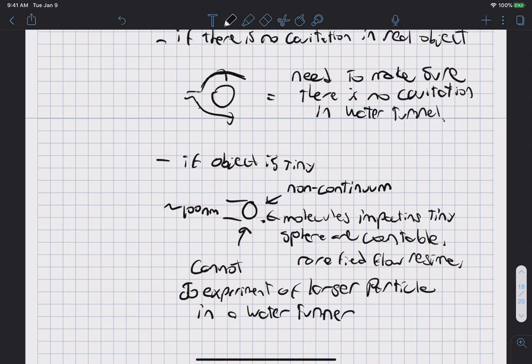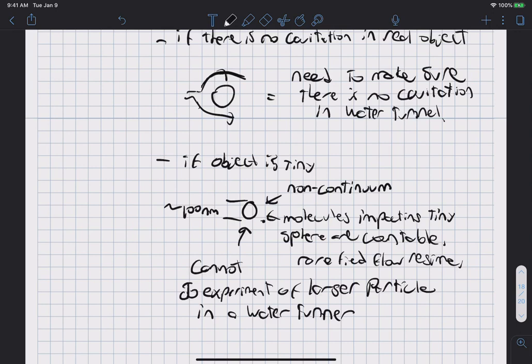Okay, so kinematic similarity requires that the streamlines are geometrically similar, the flow velocity at any point is scaled by the same factor everywhere in the flow, and that you are in the same flow regime. That is, if you are measuring the drag on a subsonic airplane in the wind tunnel, it must be subsonic. It cannot be supersonic.